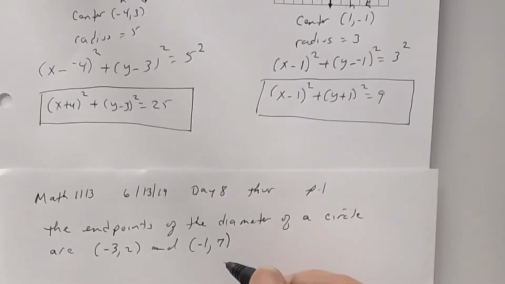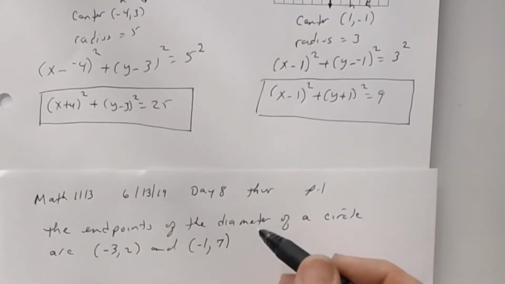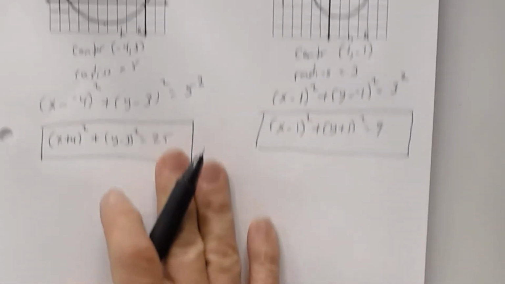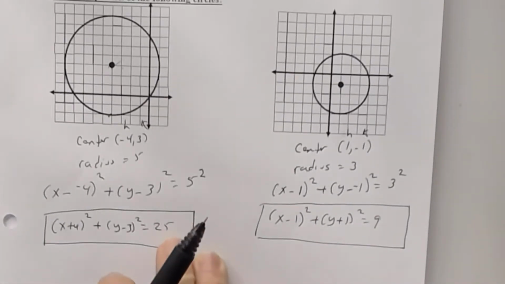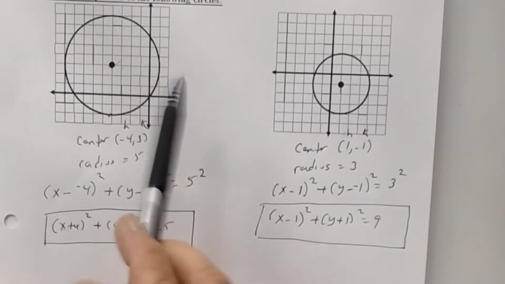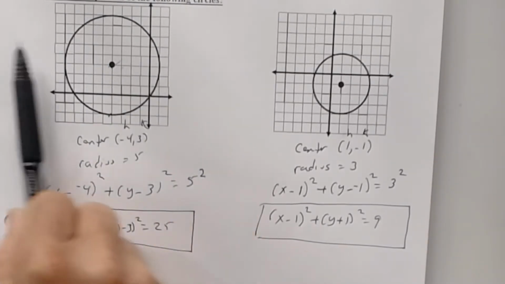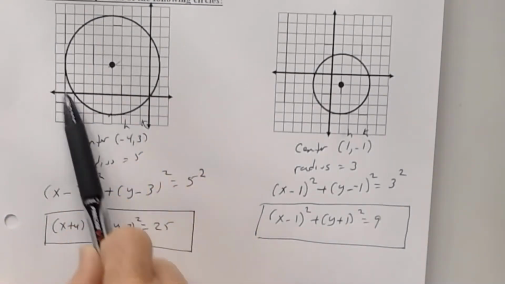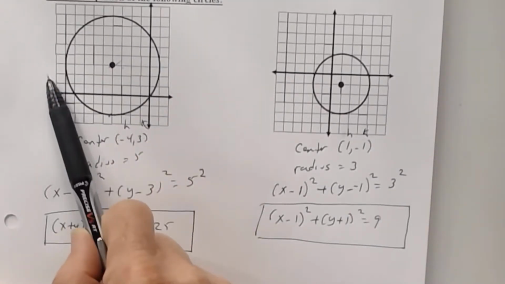Now, I wanted to do this before I went to this, and I apologize. I'm going to go back to this for a moment, because some of you were messing up with the domain and range. If I asked you the domain of this circle here, remember, for the domain you go from left to right. Every point on this graph is a solution.